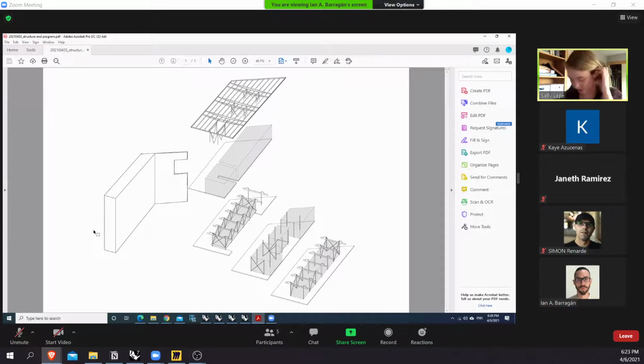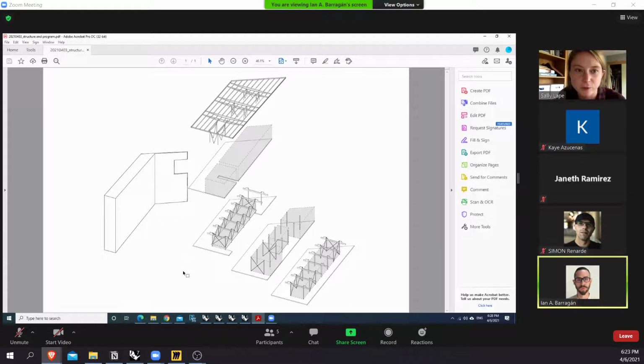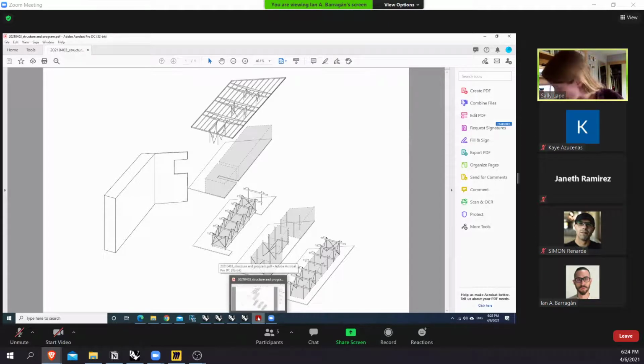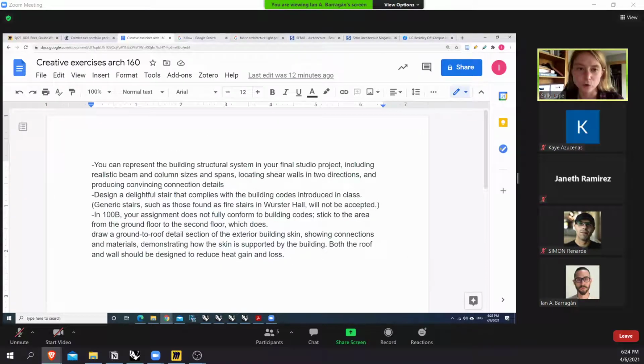The assignment sheet just says plan or axo recommended. Oh, plan also. Okay. Well, maybe a plan could make it easier, or I can do a combination. Yeah, I think reread the assignment sheet. I'd have to double check. I think it says you can do either or.